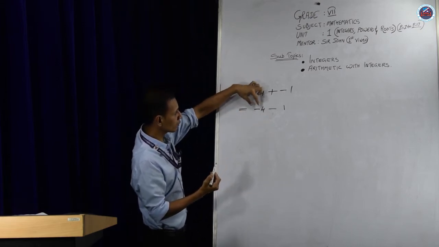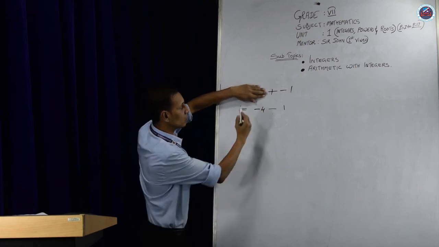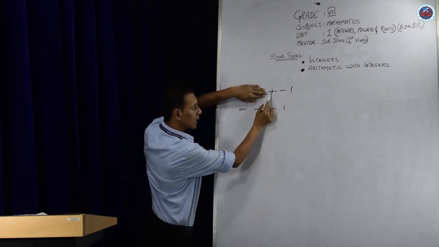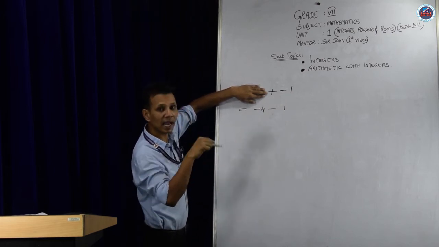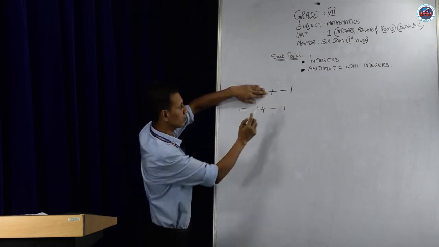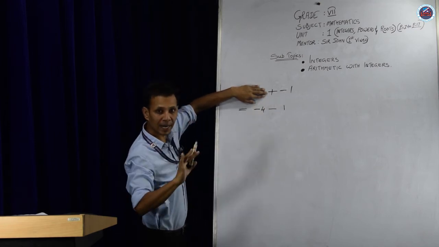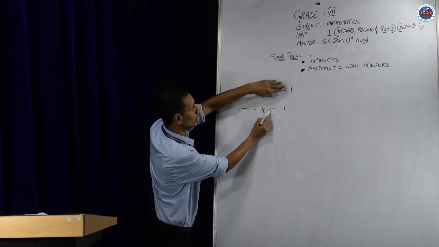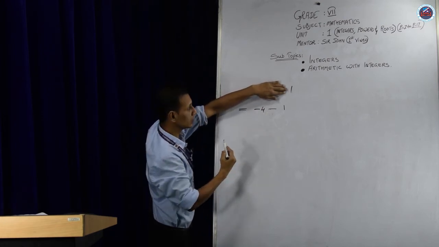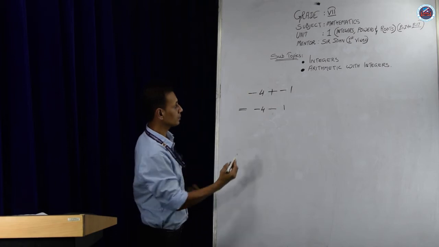Minus 4, I have written down. The work is done. Now when you go to the next step, I see plus and minus facing together. So I have to work it out by using the sign rule. Plus, minus is minus. That is the reason I wrote minus. Now these two are done. Step by step you go. Now 1 is left, bring it down.